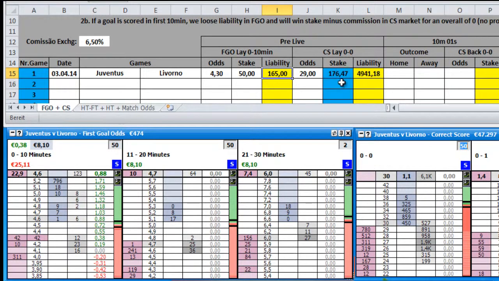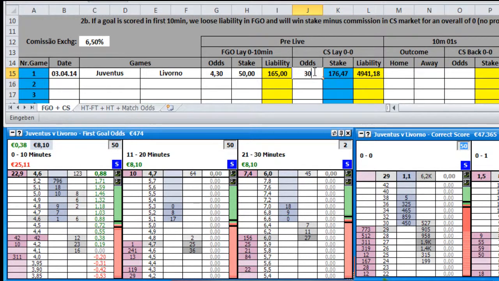I have to lay with 176.47, so I need a huge amount of liability on my Betfair account that I can do that. It's with 4,900 euros what I have to take liability if I get fully matched at the odd of 29.